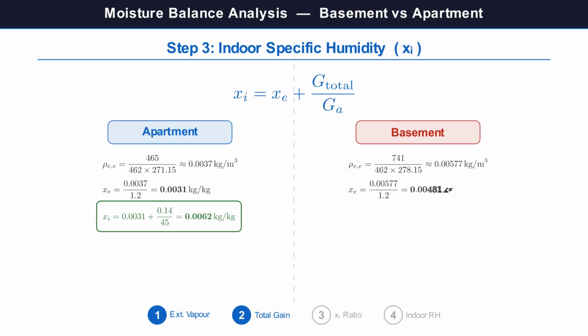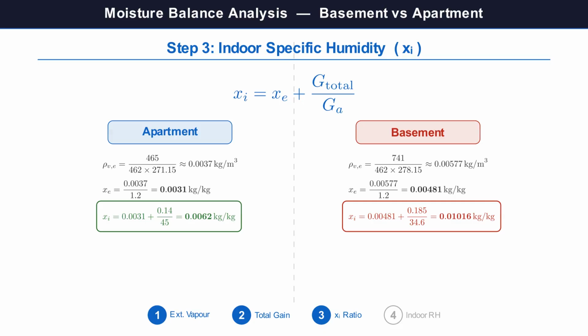Substituting, Xi equals 0.00481 plus 0.185 divided by 34.6, giving an indoor specific humidity of 0.01016 kilograms per kilogram. This is over 60% higher than the apartment, a combination of wetter incoming air, more internal generation, and less ventilation.